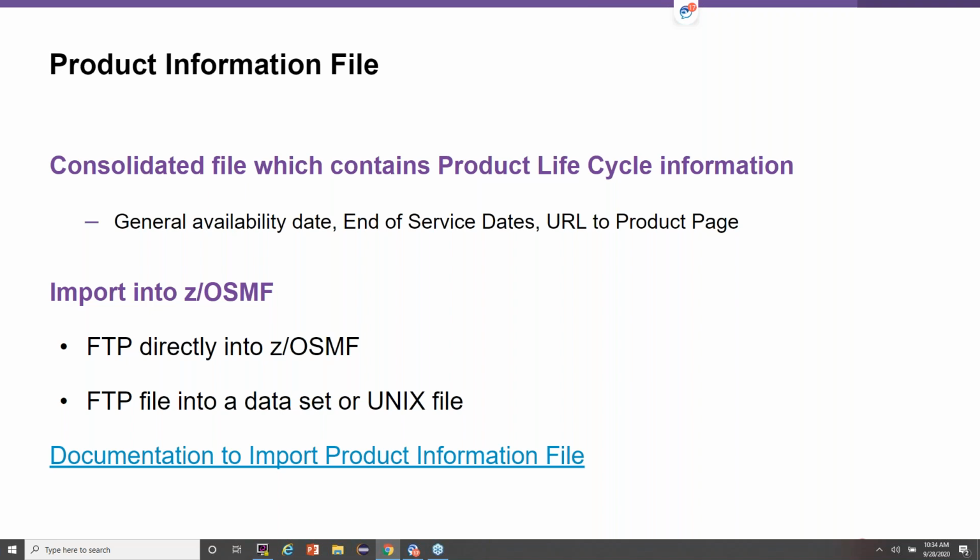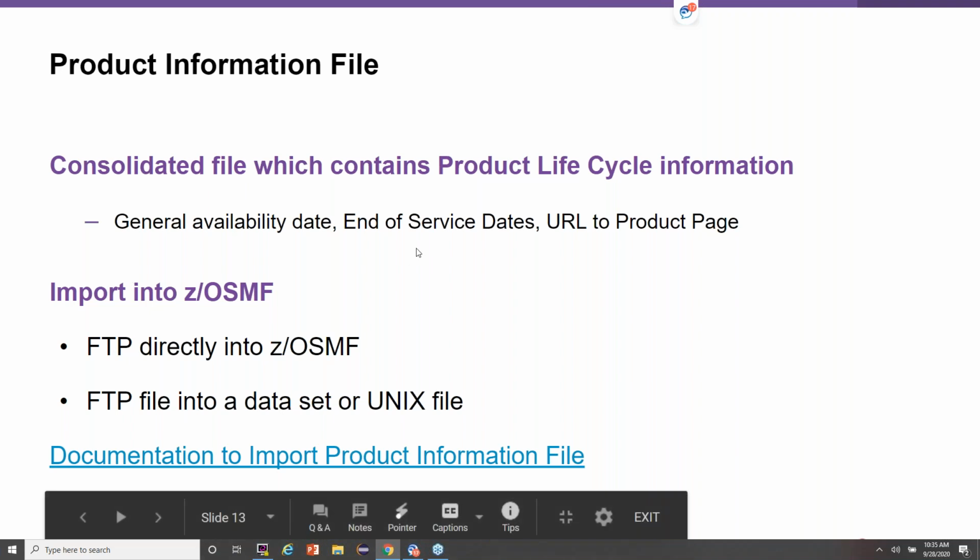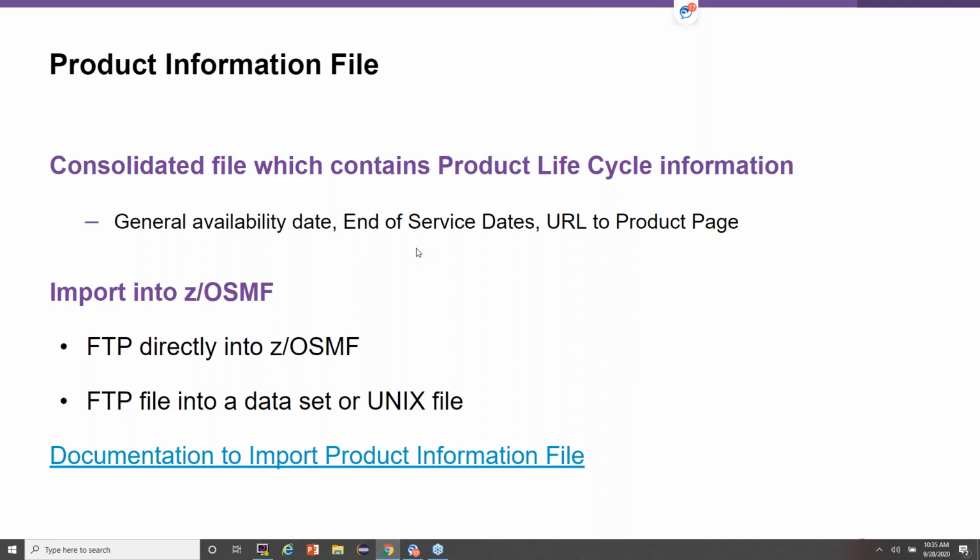The benefit of importing these product information files into zOSMF is it gives you one place to look to find information about all the products you have installed. One thing that's really important is that you can easily search to say, all right, do I have any products that are coming close to an EOS date?